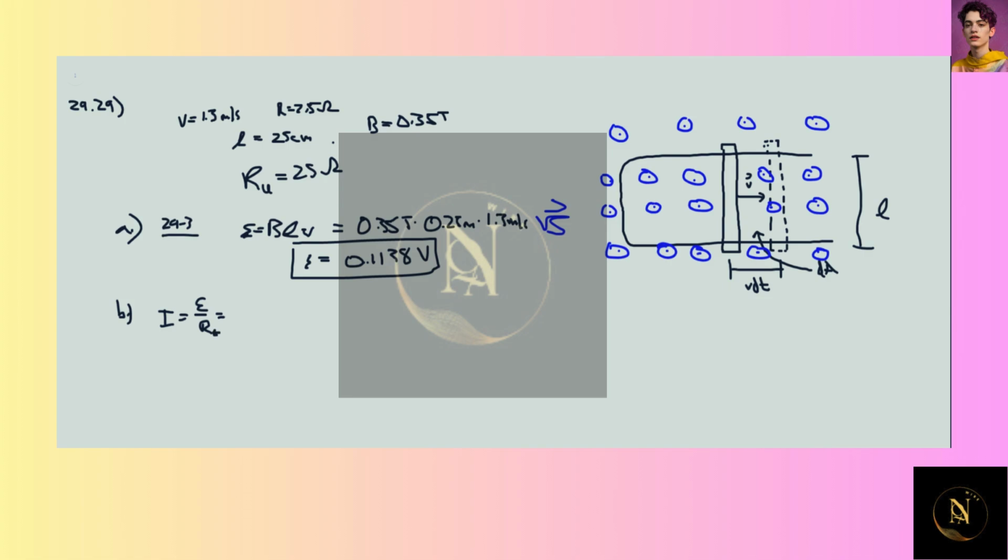So this is 0.1138 volts over 27.5 ohms, and this is a current of 4.138 times 10 to the negative 3 amps, or roughly 4.1 milliamps.